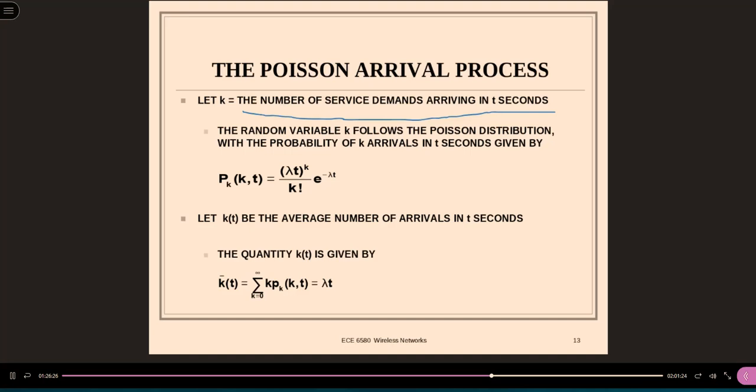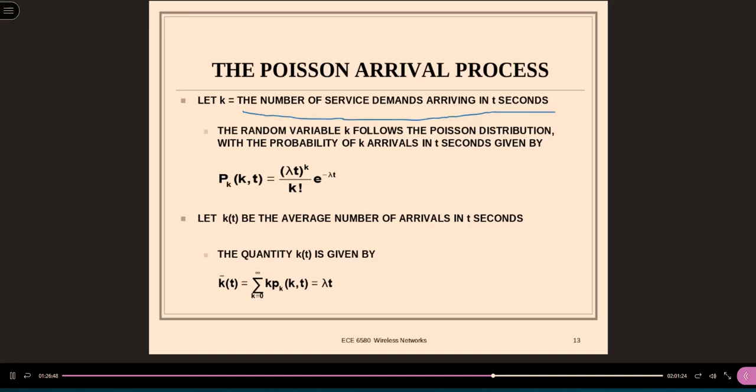So the random variable k then can take on these different integer values, and it does so with a probability. So the probability that the integer value is 0, that is to say that in 10 seconds no calls arrived at all, no service demand was made, is some number.